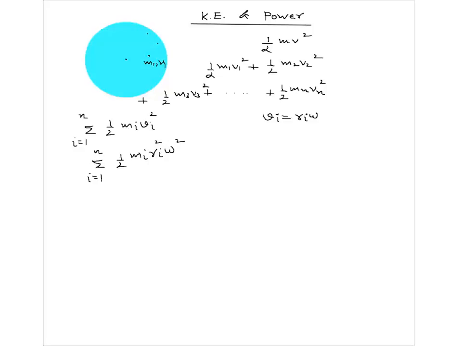Now omega is the same for everybody, and half is anyway the same. They come out of the sigma notation, and we have mi ri square. But this is familiar. What is this? Moment of inertia. So we have half I omega square.